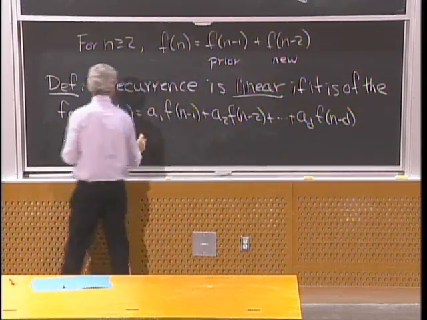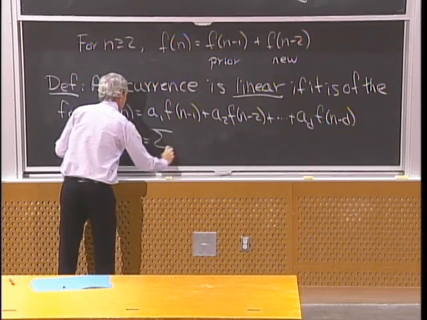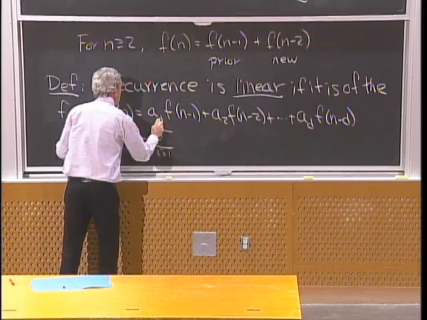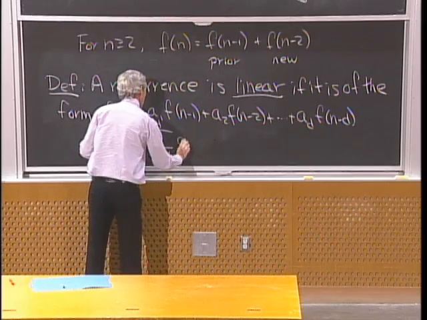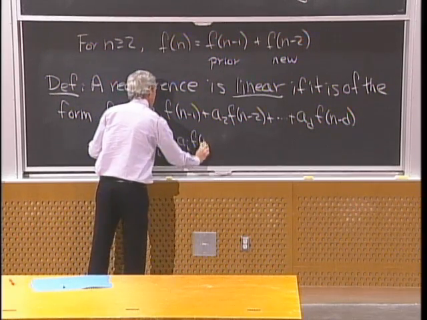And we could simplify that as the sum, i equals 1 to d, of a sub i times f of n minus i.